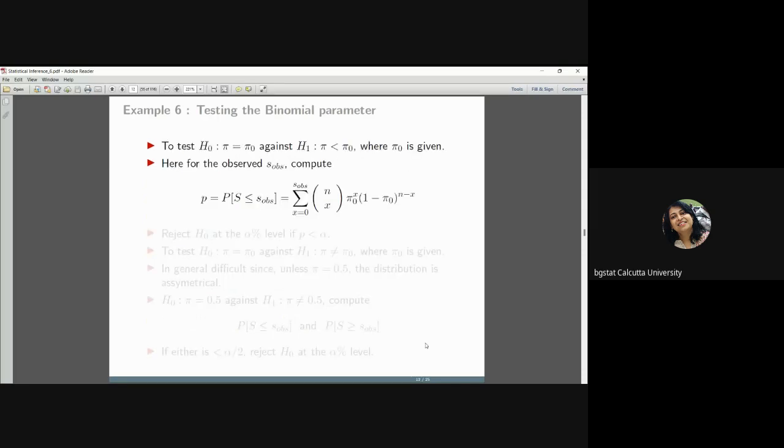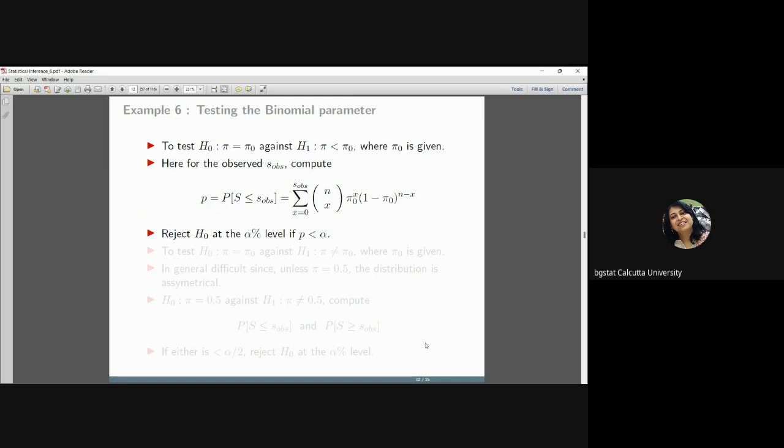Now to test H naught against the alternative pi is less than pi naught, my test will be based on the left tail. So the p-value is given by the probability of S less than or equal to S obs.